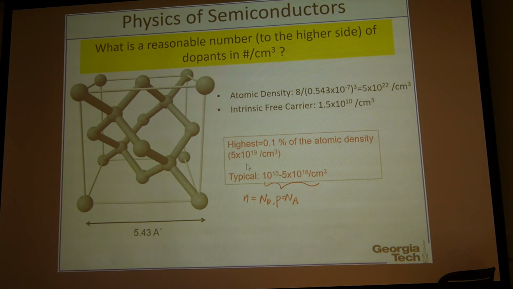This is the high end, because you still want to maintain the majority of this material as silicon, so it can maintain the silicon crystal structure. If you have too many other materials, then it becomes another material. It's no longer an impurity. So at the high end, if you still want to maintain the silicon structure, you can replace at most 0.1% of the silicon. That translates to a doping density of 5 times 10 to the power 19.